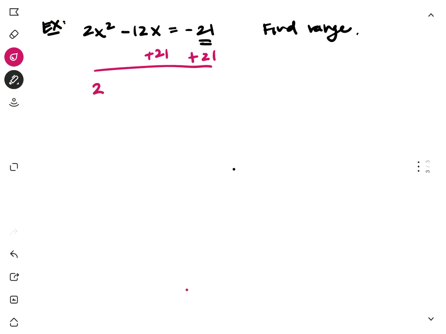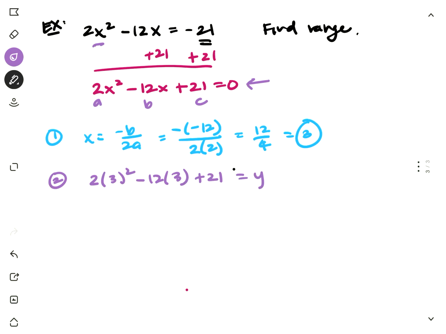Step 2, we're going to take that 3 and substitute it into our equation. Let's just use this one. It's a little bit simpler. So we have 2 times 3 squared minus 12 times 3 plus 21. Instead of saying is equal to 0, we're going to say is equal to y because we're trying to find our y.